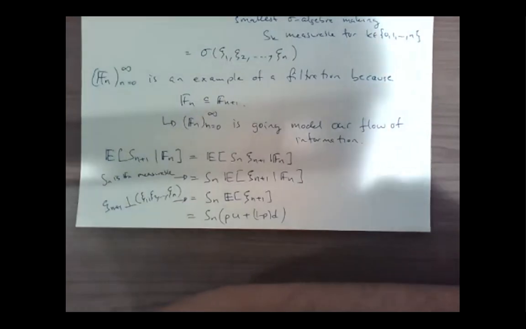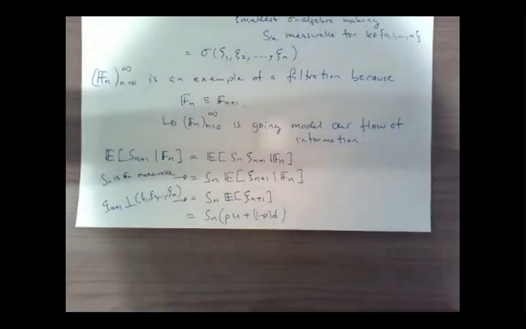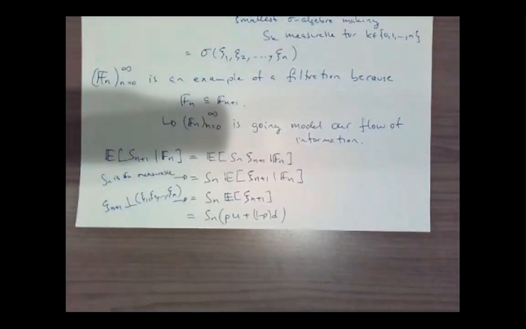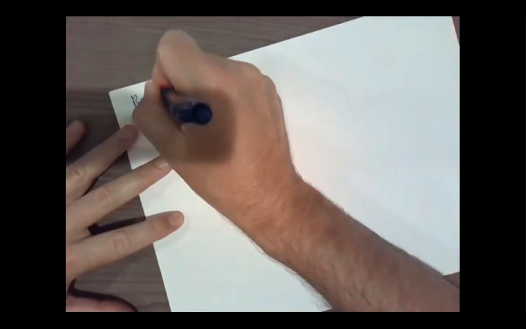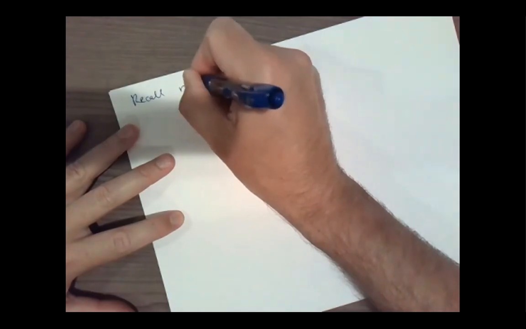But we have also worked with these risk neutral measures. So we could also try to compute the expectation under the risk neutral measure. So let's try this out. So recall, we have these risk neutral measures.